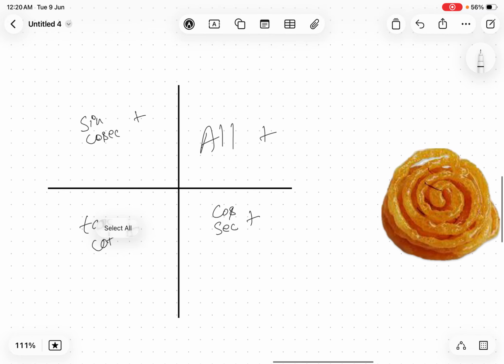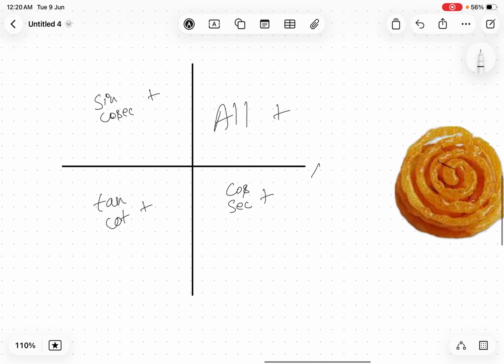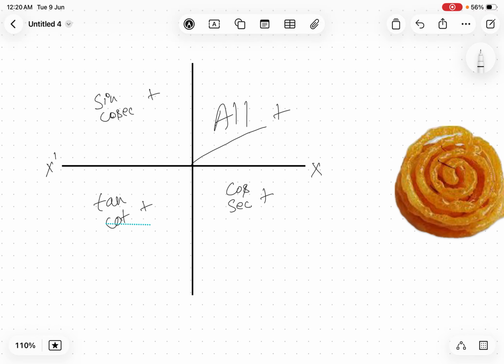When we are taking any relation from the x-axis, this function will not change. If we are talking about the y-axis angle, then it will change. Suppose we have sine of 90 degree minus 30.